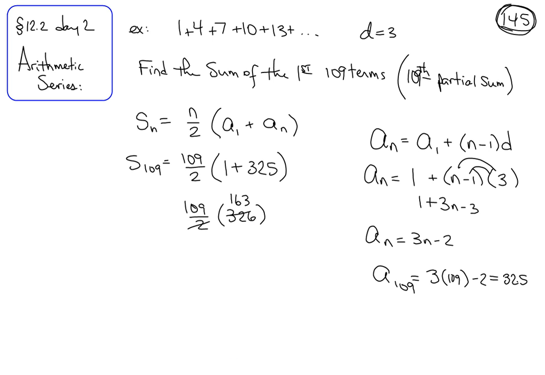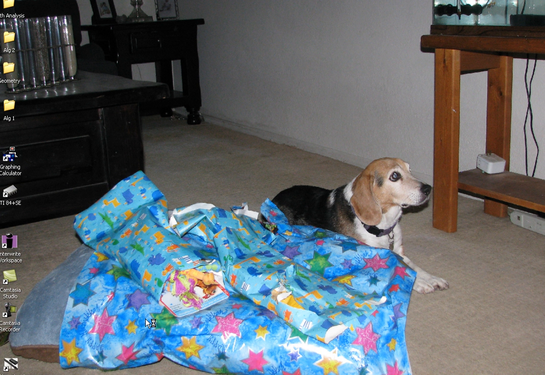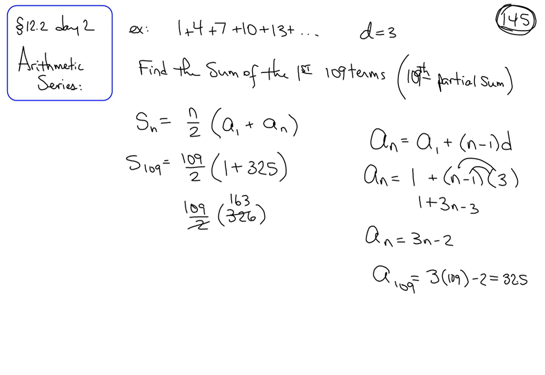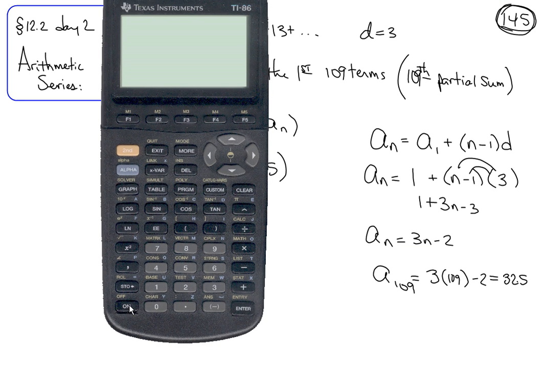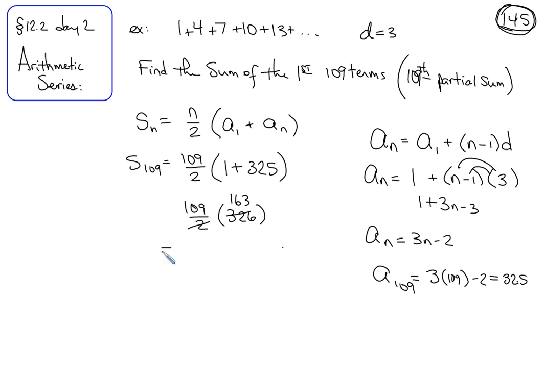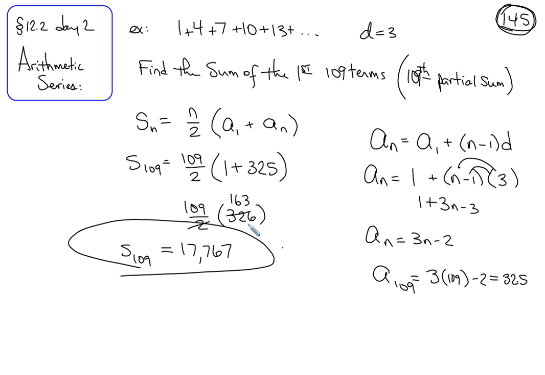And so now if we do 109 times 163, we get 17,767. So if we wanted to find the sum of the first 109 terms of this, it ends up being 17,767.